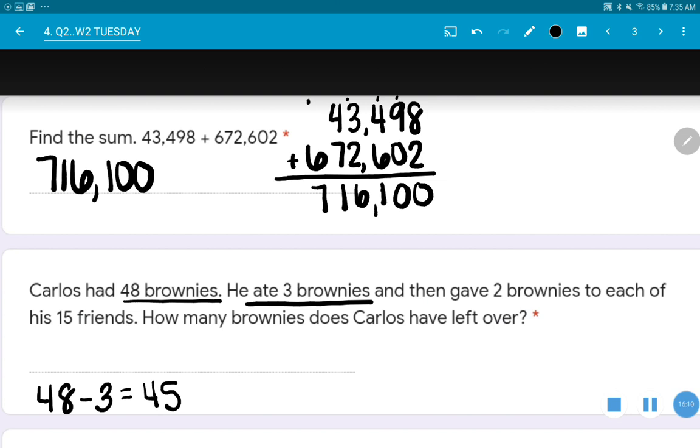And then he gave 2 brownies to each of his 15 friends. So if he gives 2 to each of 15 friends, that would be 30.